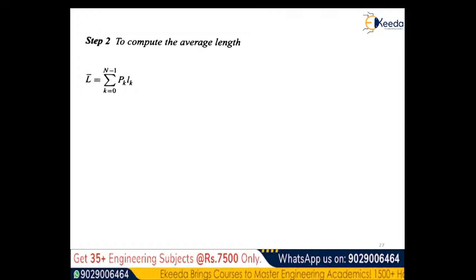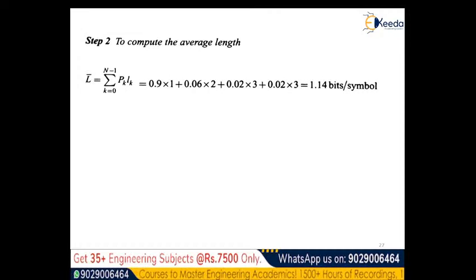So we multiply the probabilities of occurrence by the corresponding lengths: 0.9 into the code length 1, then 0.06 into 2, and 0.02 multiplied by 3 for both of the last cases. This calculation gives us 1.14 bits per symbol.